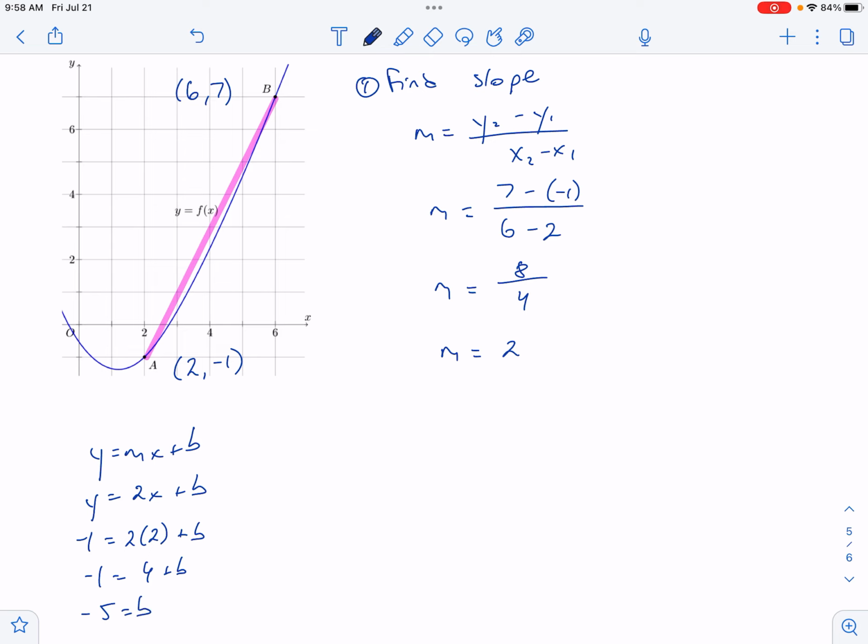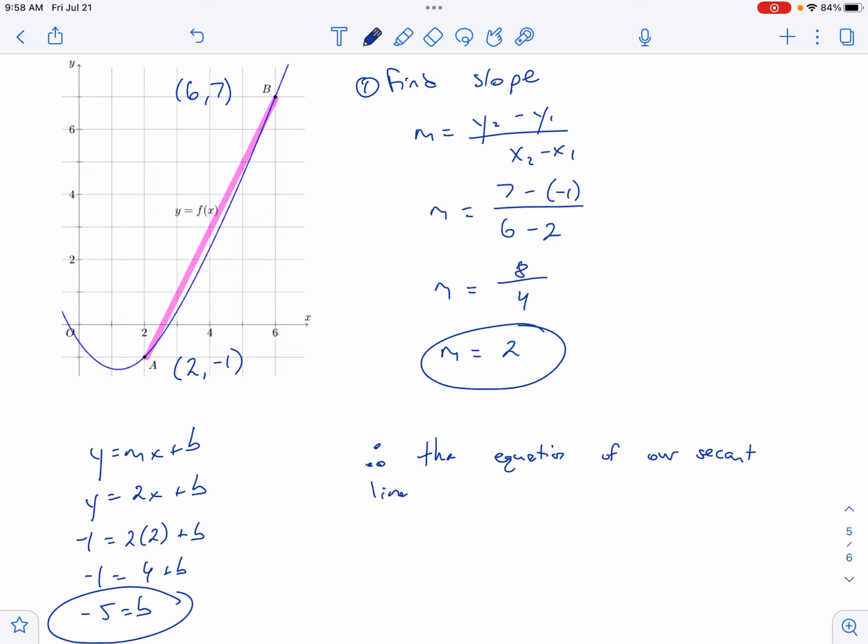So we can put both of these values together, and we can say the equation of our secant line from A to B is y equals 2x minus 5.